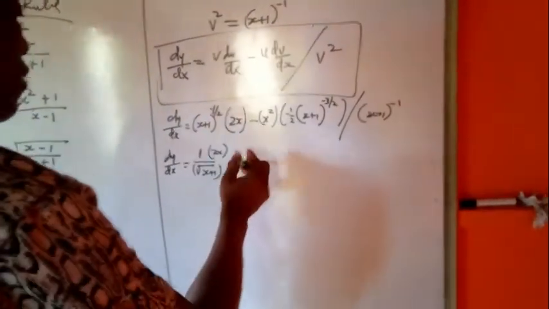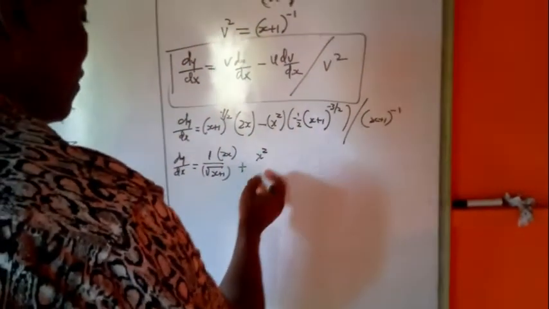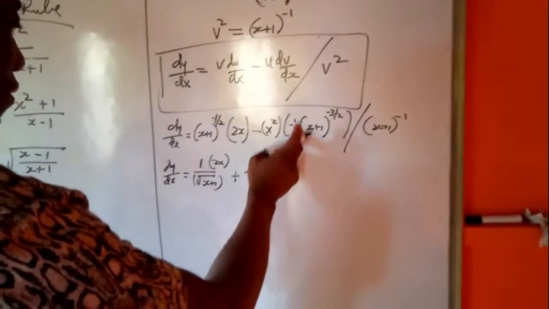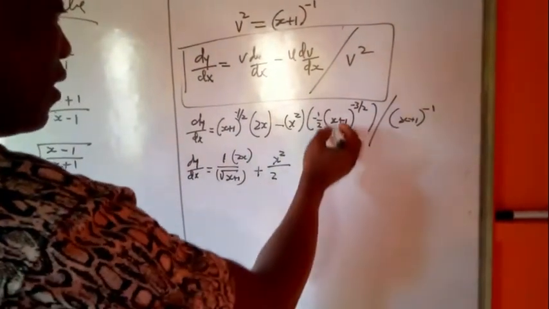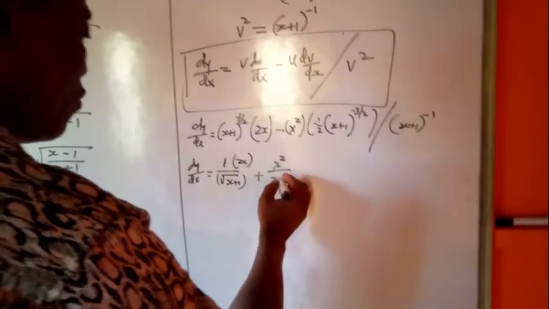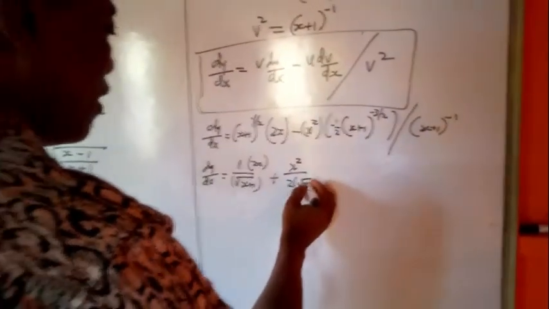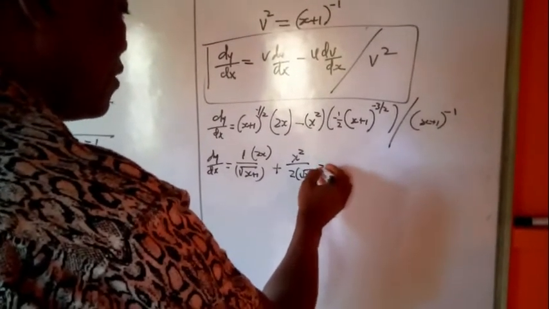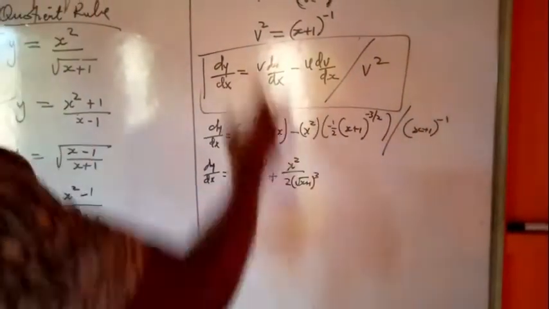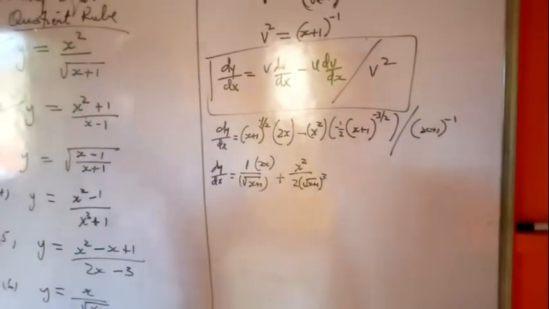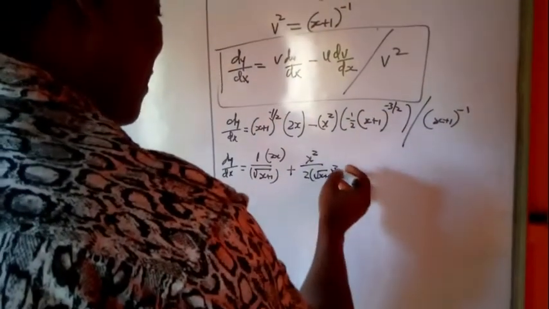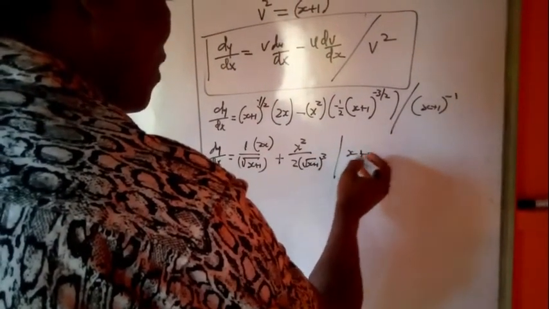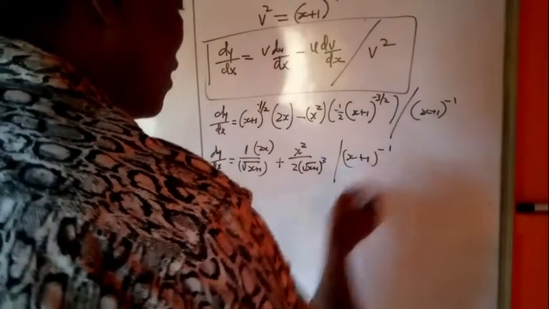So this numerator becomes x squared all over 2, because the half goes down. And what you have there is root, and it becomes root x plus 1 raised to power 3. The minus is a reciprocal, so that's 1 all over. Having done that, you now know that it's all over x plus 1 raised to power minus 1.